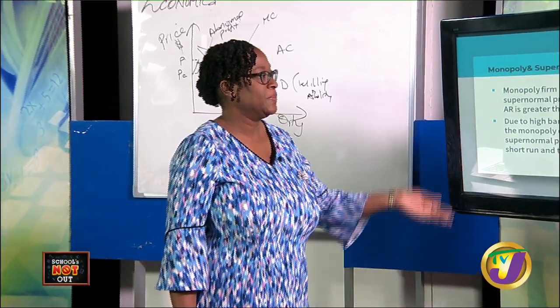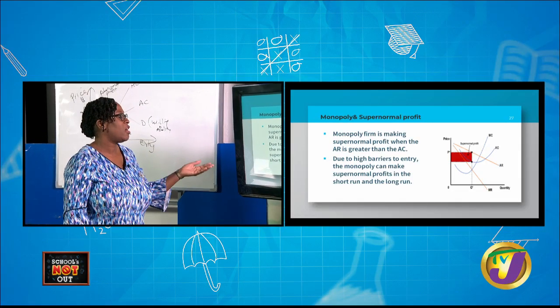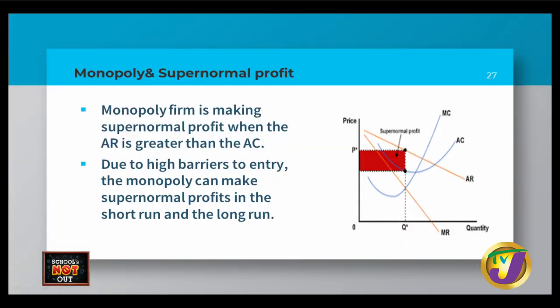A monopoly firm is making supernormal profit when the average revenue or price is greater than the average cost. And usually because of high barriers to entry, such as sole rights on certain resources or government regulation and licenses, the monopoly can make supernormal profit in both the short run and the long run.